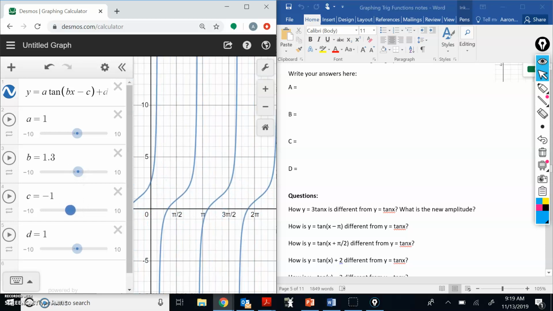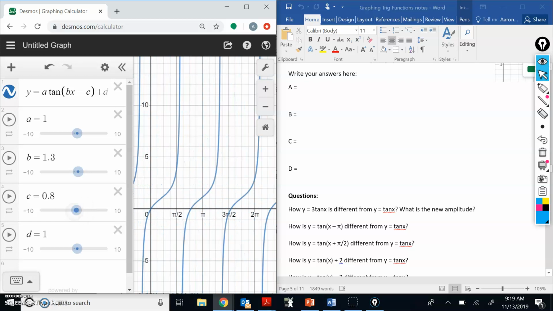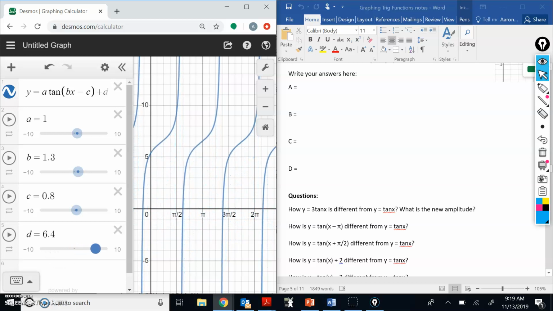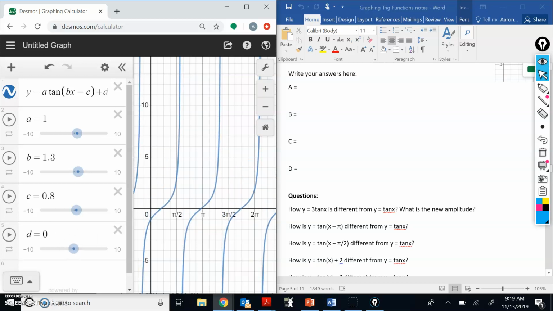C moves the graph left or right, just like sine and cosine. D value is going to move it down or up. And you see how what's moving is that called point of inflection, kind of where the curve goes. Write your answers to what best makes sense to you, how we talked about what A, B, and C and D are.